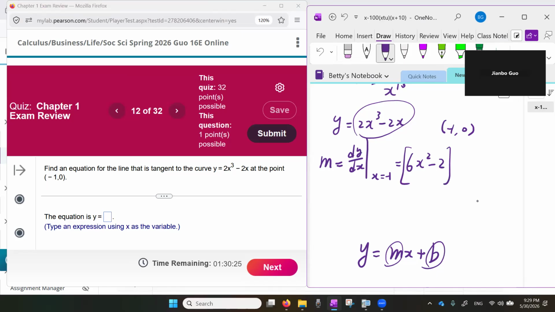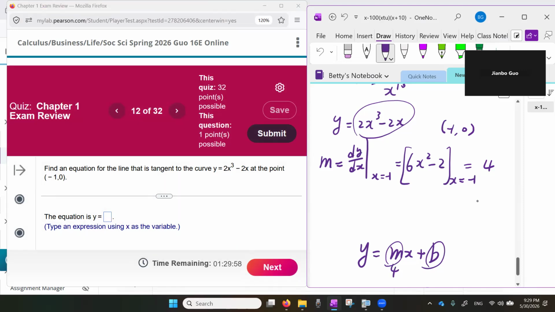So the derivative is 6x squared minus 2 when x equals -1. We plug in x equals -1. -1 squared is a positive 1. So 6 minus 2 is 4. So the slope is 4.